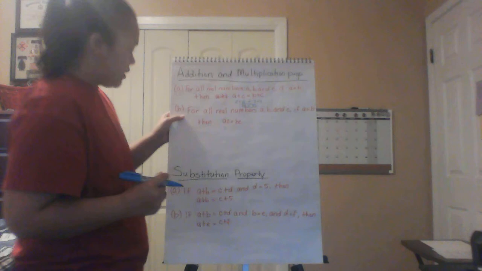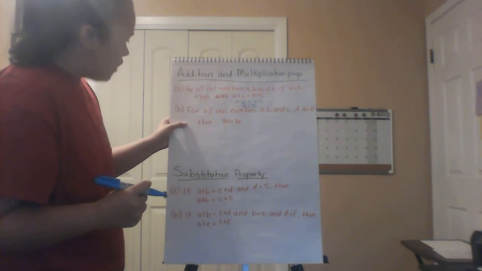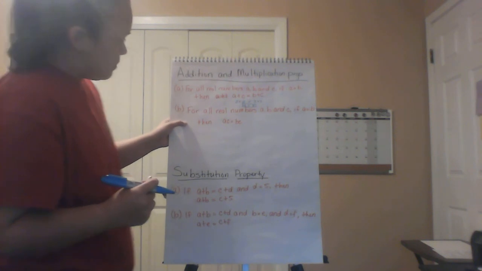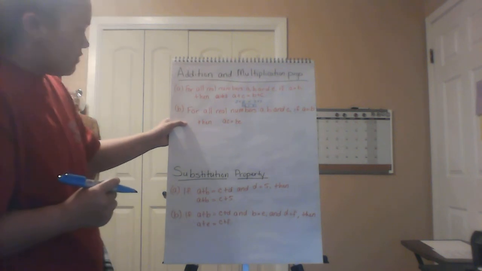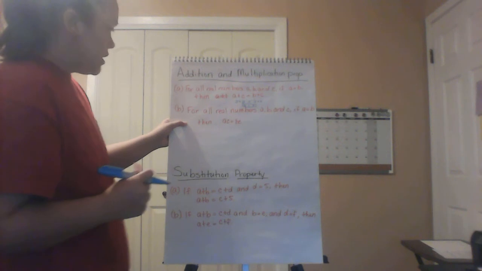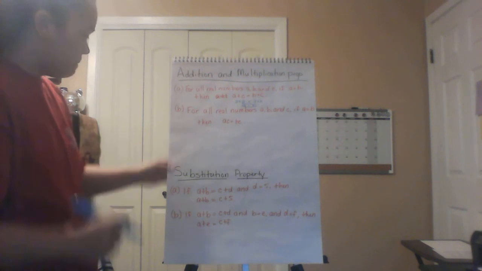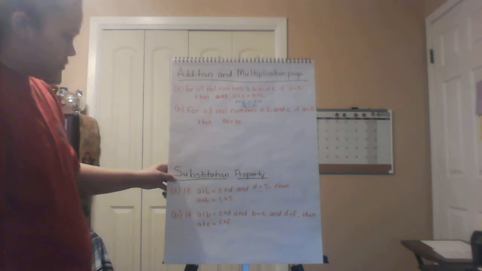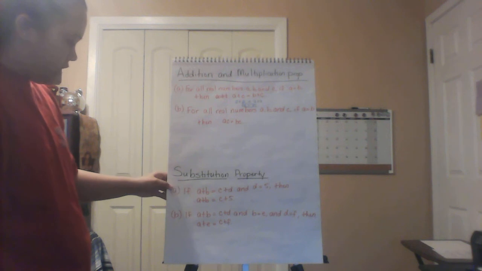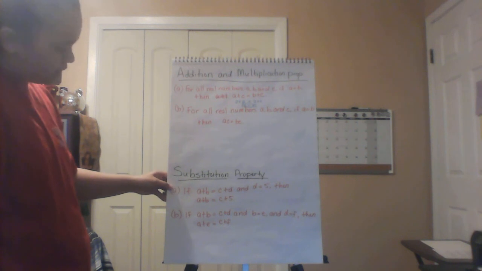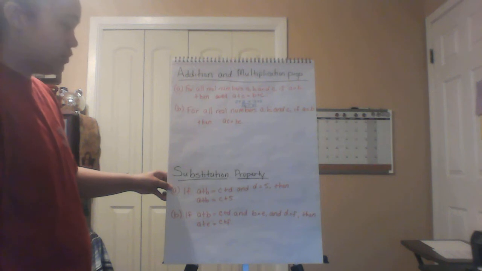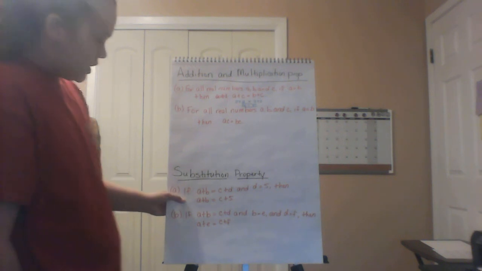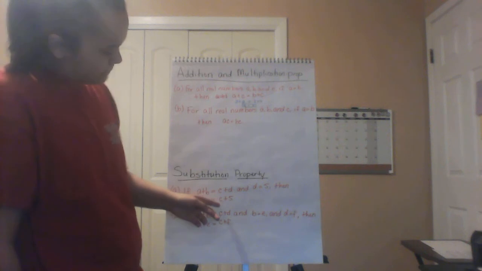And the multiplication property says for all real numbers A, B, and C, if A equals B, then AC equals BC. And then we have the substitution property. If A plus B equals C plus D, and D equals 5, then A plus B equals C plus 5.